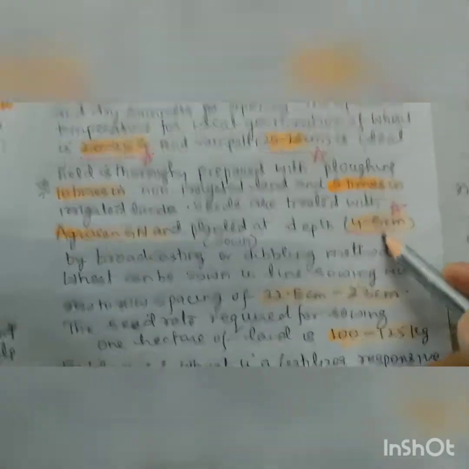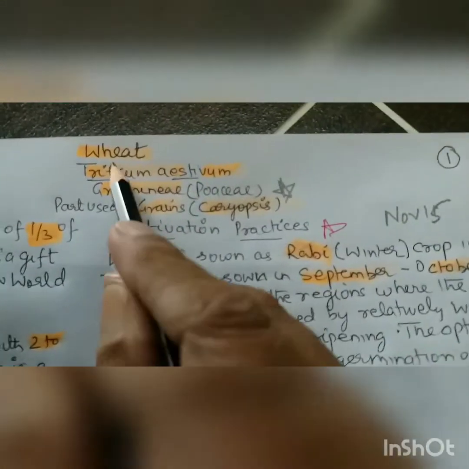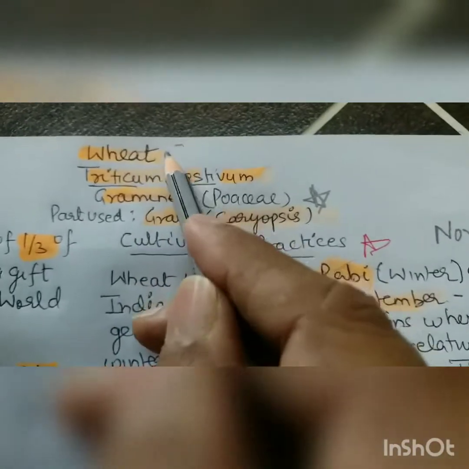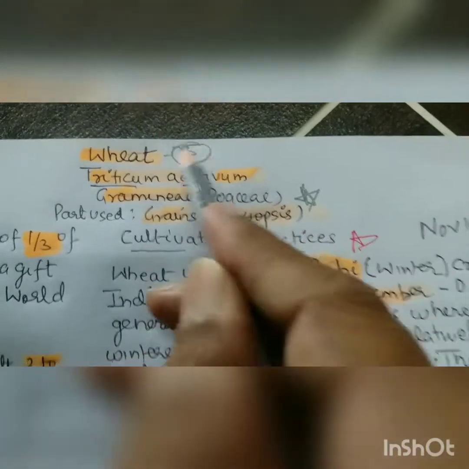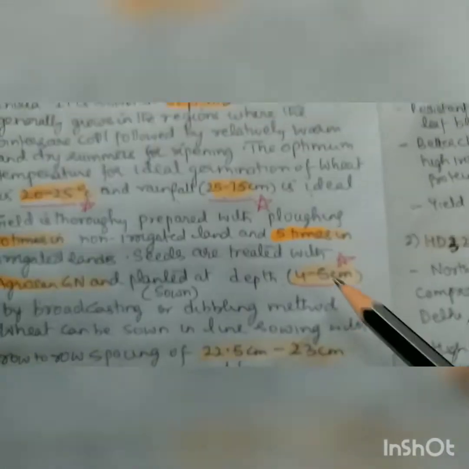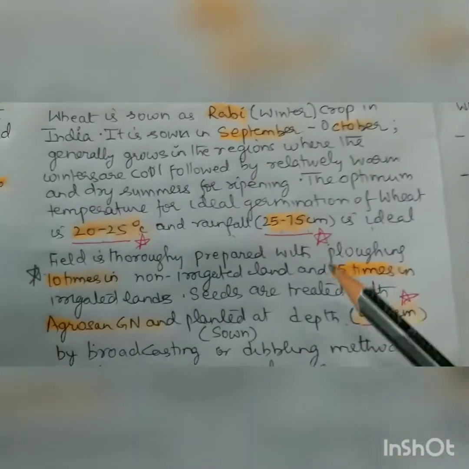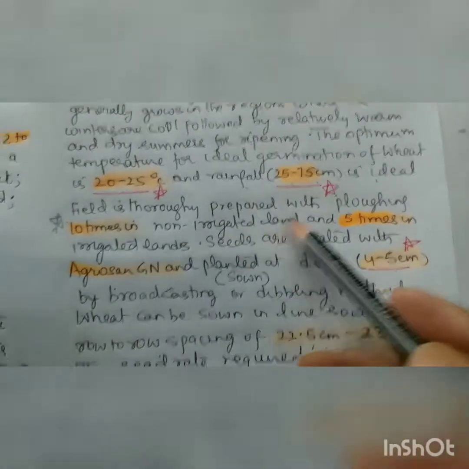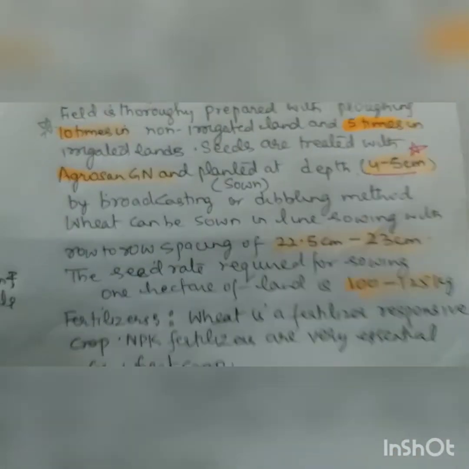Right? Here I want to tell you, just note down the word wheat, WHEAT, it is 5. I will revise again at last, and all of it is coming in multiples of 5: 20, 25, 75, 5, 10, and this depth is 5.